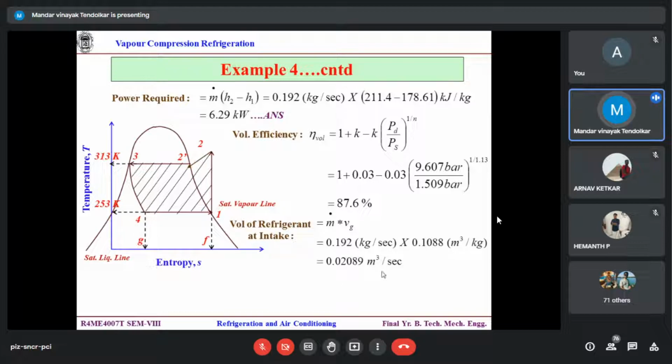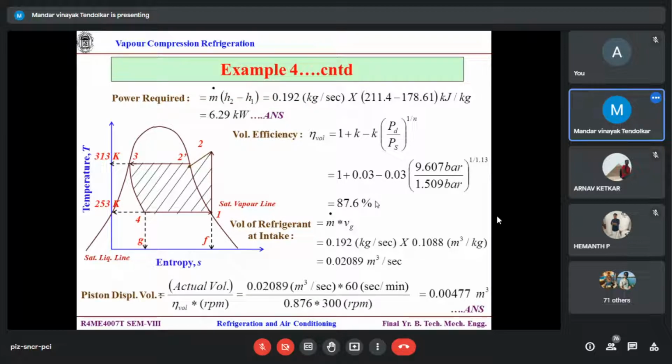Now I have to equate this by considering the volumetric efficiency along with the standard formula, pi by 4 d square into L. This is my piston displacement: theoretical volume, actual volume divided by volumetric efficiency, into RPM.